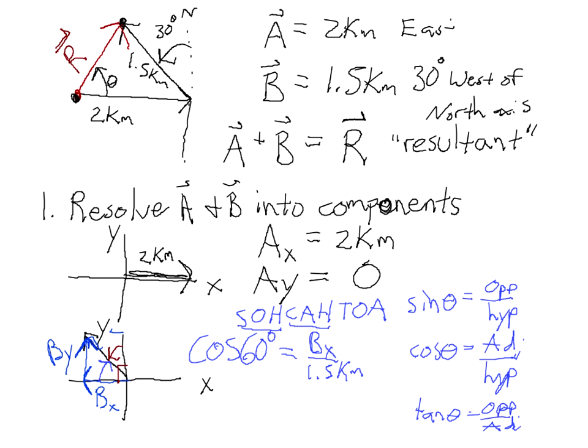So let's multiply both sides by 1.5 kilometers, and you get Bx equals 1.5 kilometers times the cosine of 60. The cosine of 60 is a half, so Bx equals 0.75 kilometers.